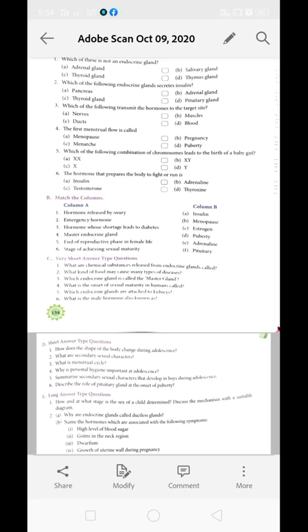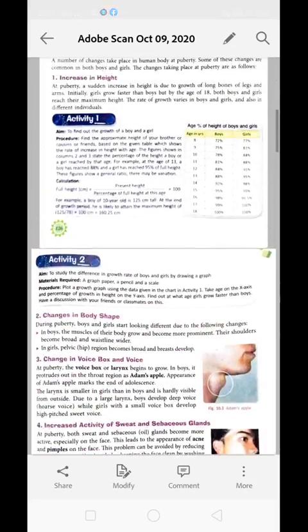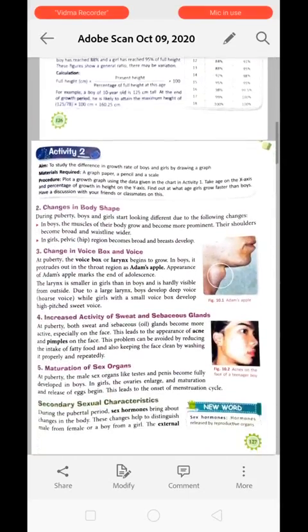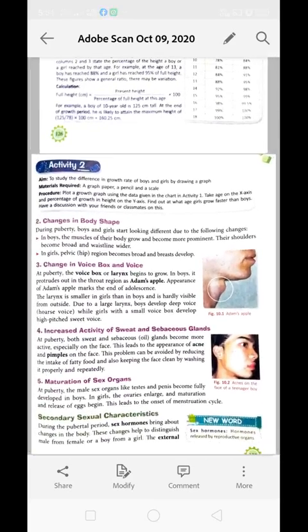Okay, next is question number D. D first is a short answer type question. How does the shape of the body change during adolescence? The changes in the bodies of boys and girls are totally different. On page 127 it is given as change in body shape.